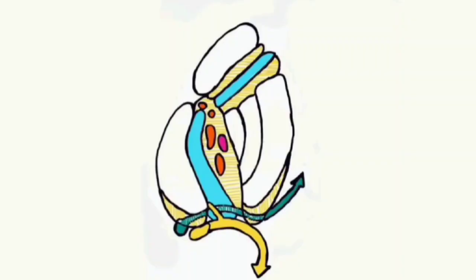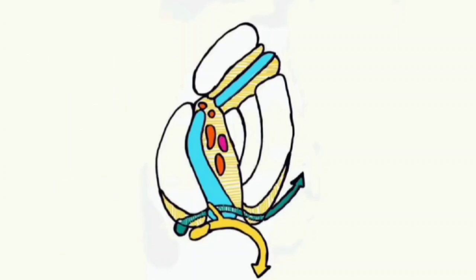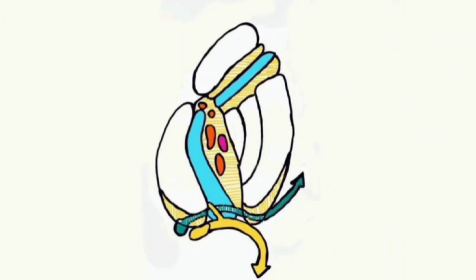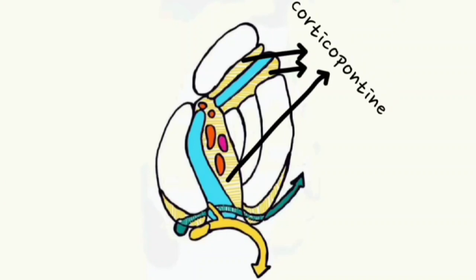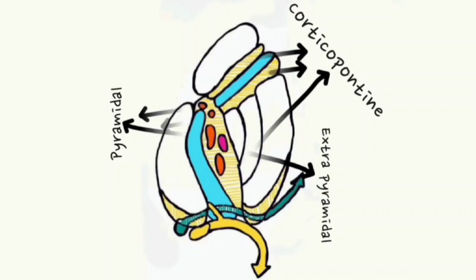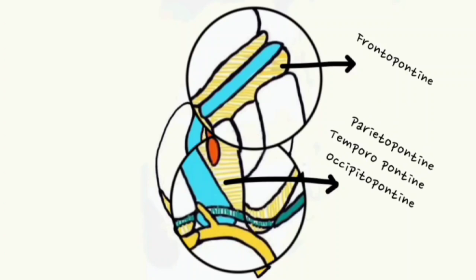The fibers of the internal capsule are majorly divided into motor fibers or descending fibers, and sensory fibers or ascending fibers. The motor fibers are again divided into corticopontine fibers, pyramidal fibers, and extrapyramidal fibers. The corticopontine fibers are divided into frontopontine, parietopontine, temporopontine, and occipitopontine fibers.